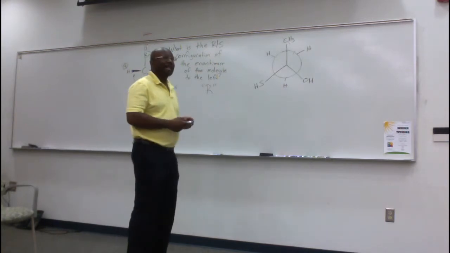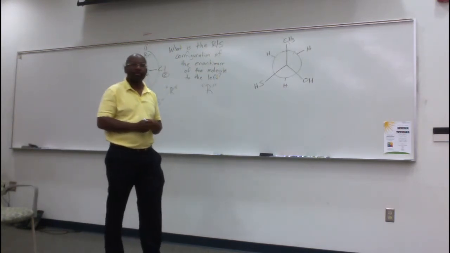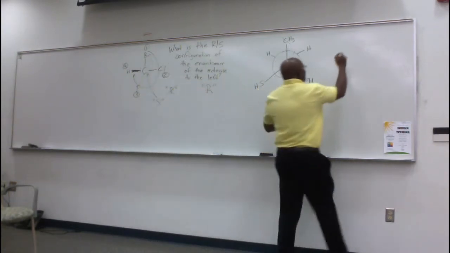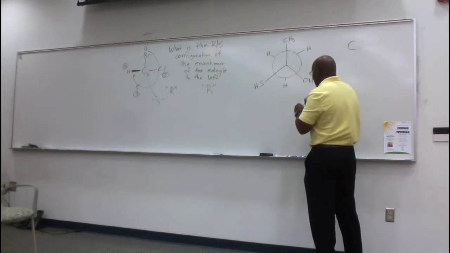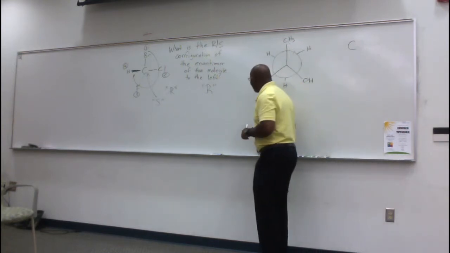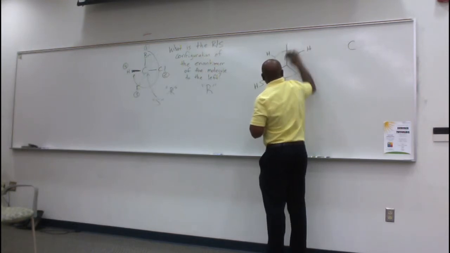What atoms are directly attached to carbon number 1? OH and H. Uh-oh, I got the wrong molecule here. I have to change that one up. The molecule will be chiral.